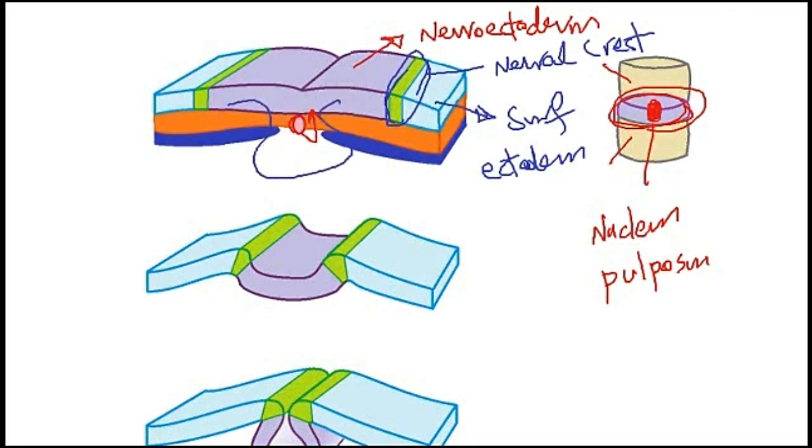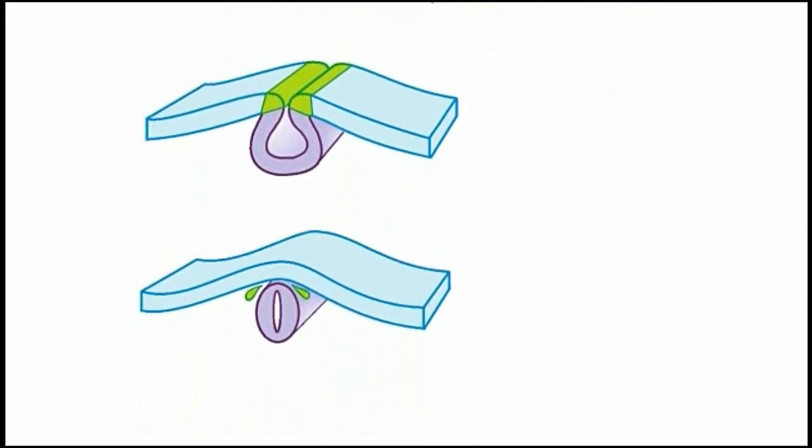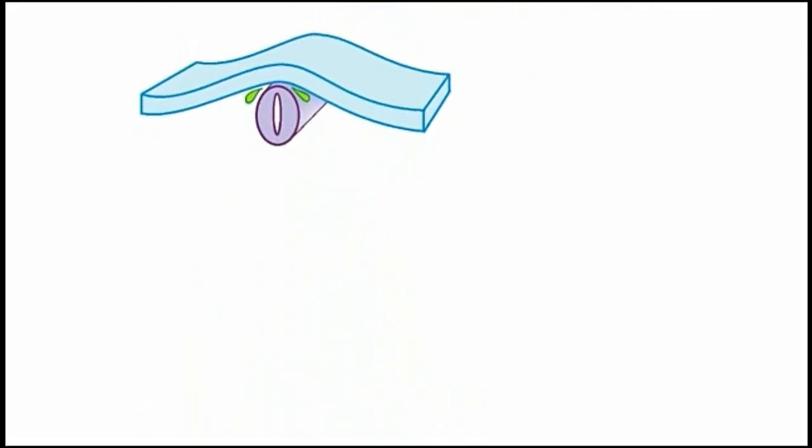So let's go through that. It keeps on invaginating until it forms a neural tube. So that's a neural tube that is formed from invagination of the neuroectoderm. And the other structures that were on the margins between neuroectoderm and the surface ectoderm give rise to the neural crest cells. And I will discuss what structures arise from neural crest cells in a minute.